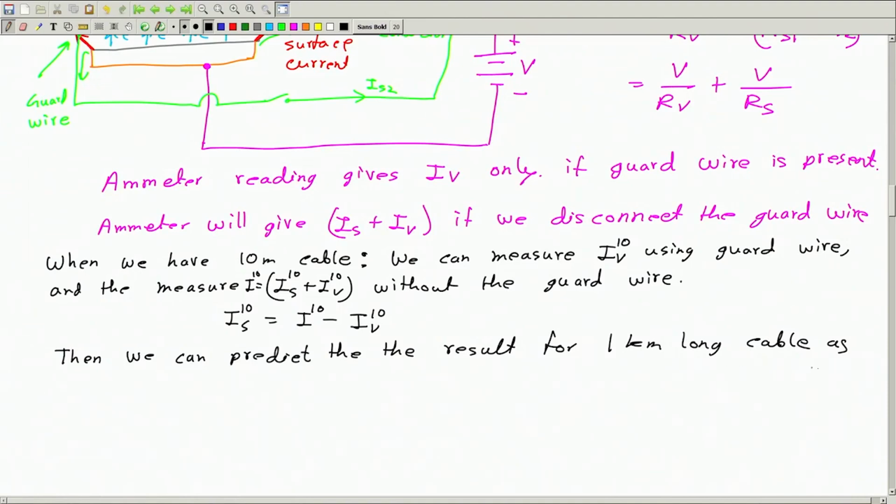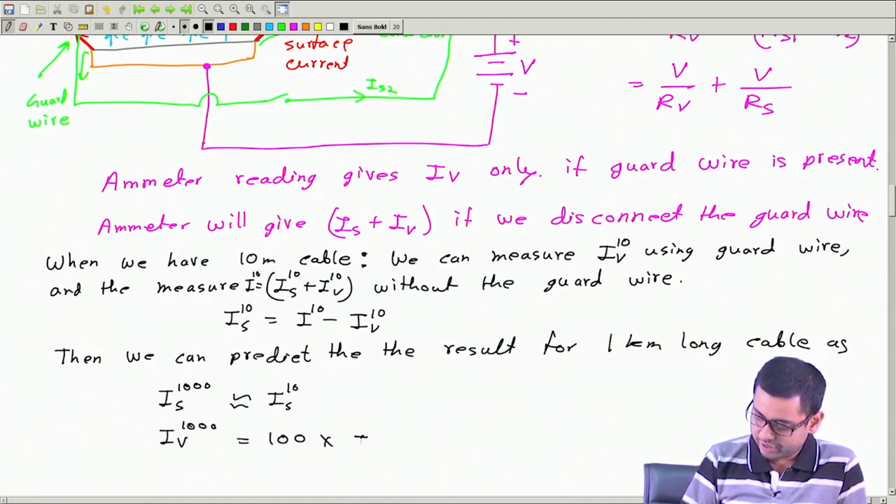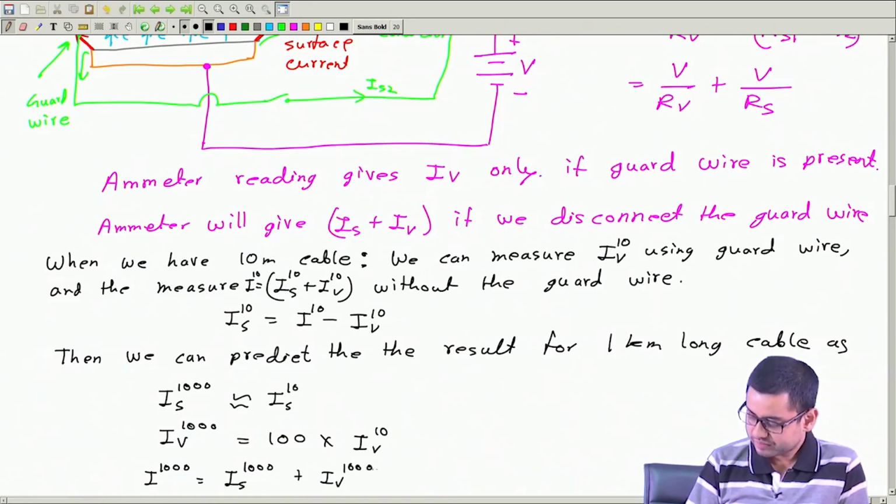Then we can predict the result for a 1 kilometer cable as IS 1000 will be almost the same as IS 10, and IV 1000 will be 100 times IV 10. And I 1000 will be IS 1000 plus IV 1000.